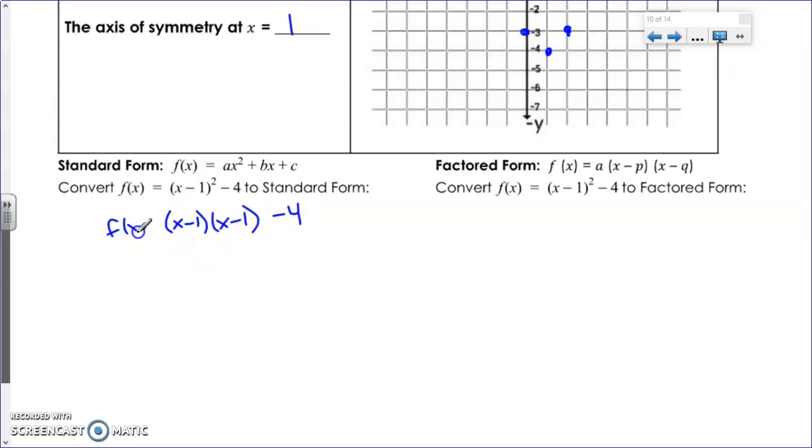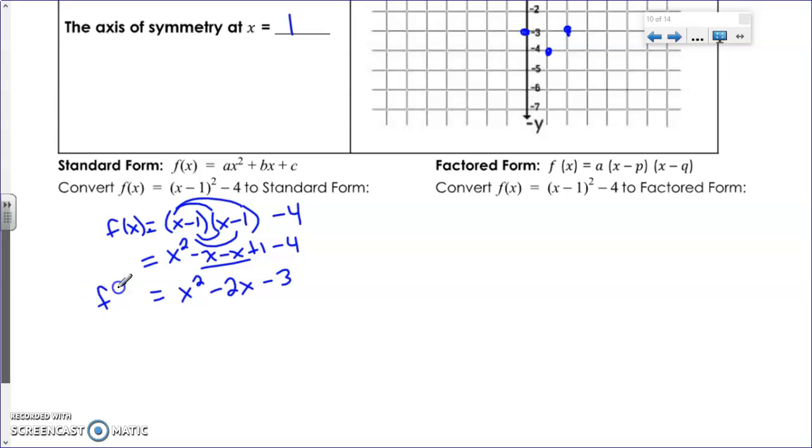We use the distributive property and we get x squared minus x plus 1, and then minus 4. So that's going to give me x squared. These are like terms, so that would be minus 2x. These two are like terms, so that's going to be minus 3.